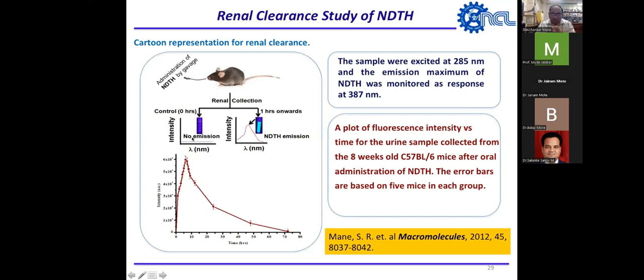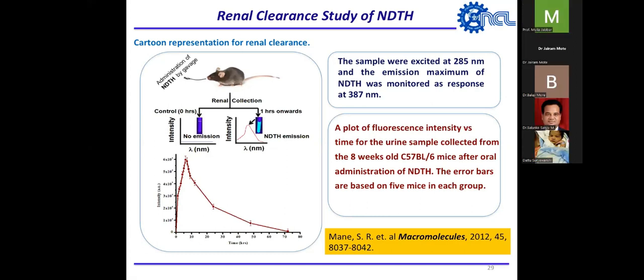Initially there is no emission, but after a certain time it shows emission. So we monitored for almost 80 hours, and the whole polymer needs almost 72 hours to come out of the body. We did these experiments under proper conditions and with the approval of our biological departments.